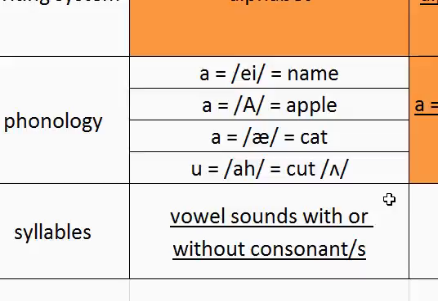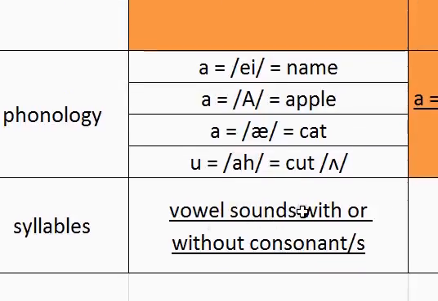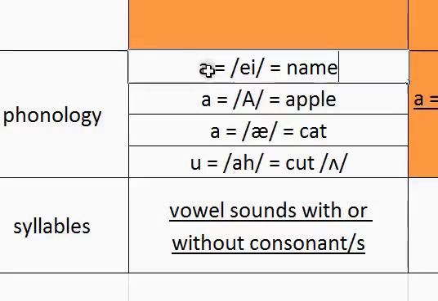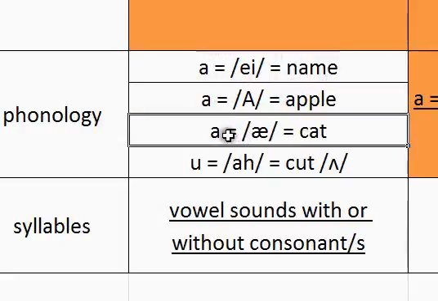In English, we have vowel sounds with or without consonants for syllables. Syllables means how they cut the words. In phonology, even though we have the same letter A right here and in this one, they sound different.